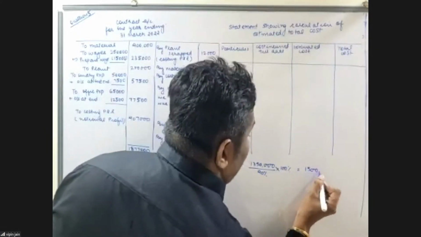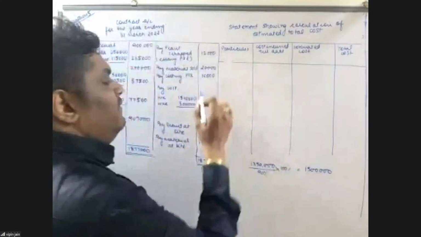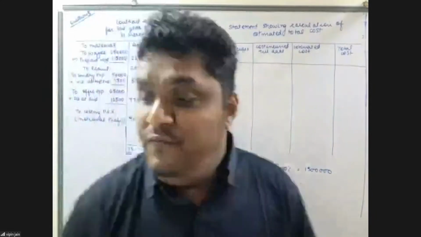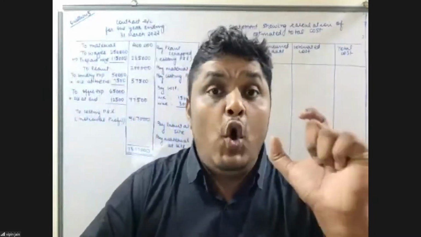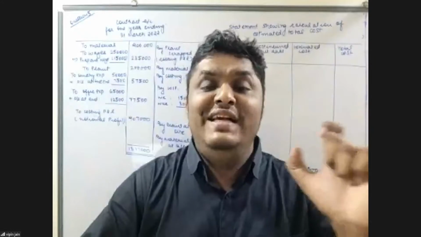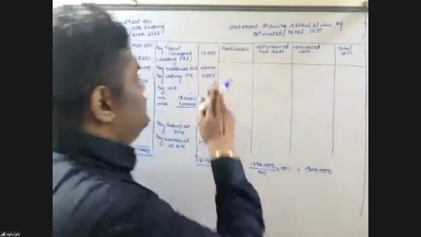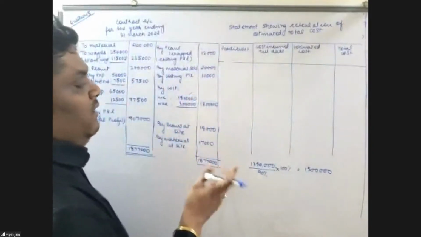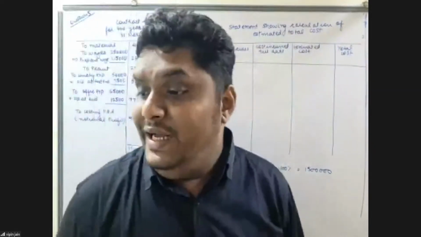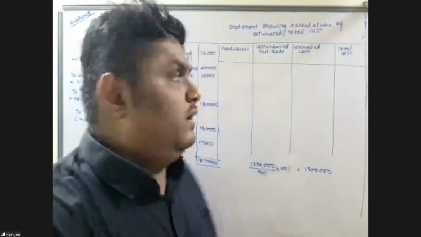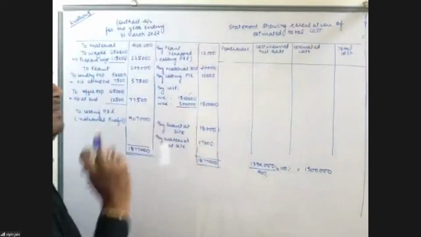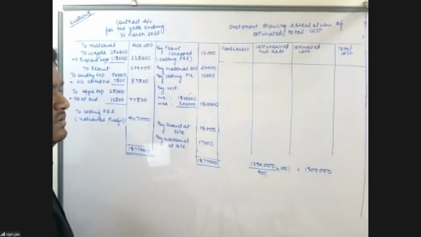Very simple, 15 lakh. That is my work certified. And further, it is given in the question that cost of uncertified work is 20% of work certified. So 15 lakh into 20% is the uncertified work cost.